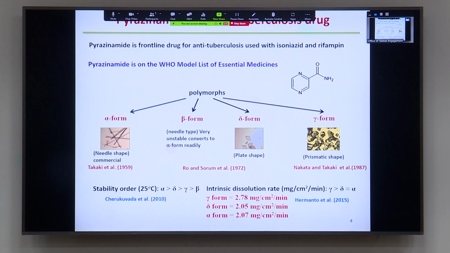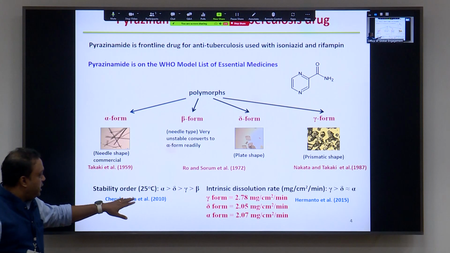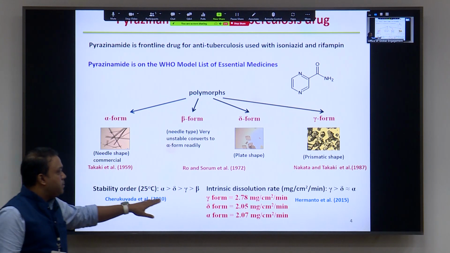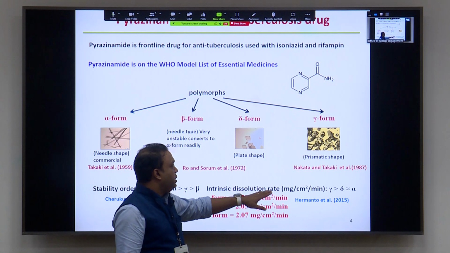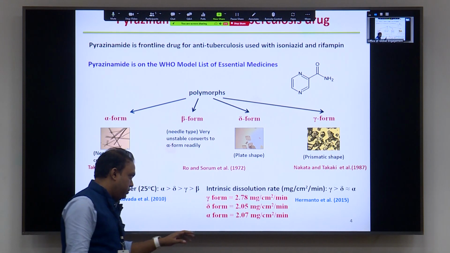Our target solute is pyrazinamide, which is generally used as an anti-tuberculosis drug, and it has 4 polymorphic forms, namely alpha, beta, delta, and gamma, among which alpha is the most stable at room temperature, and in dissolution rate, gamma is highest.